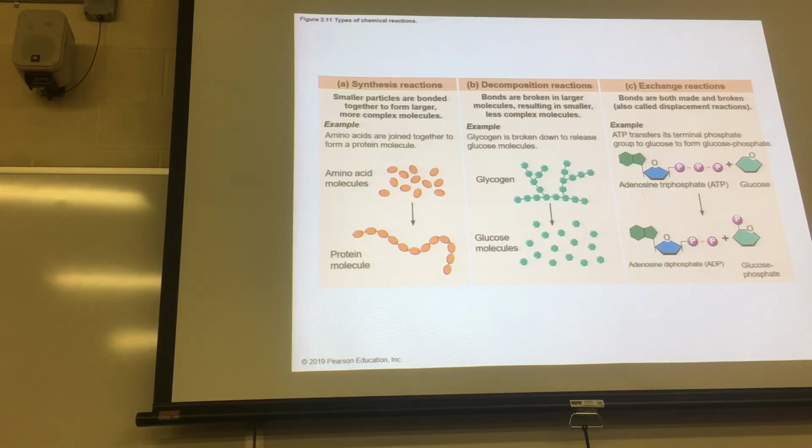So you're going to have synthesis reactions, decomposition reactions, and exchange reactions. And what is this? There's your friend. Usually when you phosphorylate something, phosphorylation means I'm moving a phosphate. That's an exchange reaction. So when we talk about ADP plus P to ATP, that's phosphorylating a product. It's a high energy type reaction.